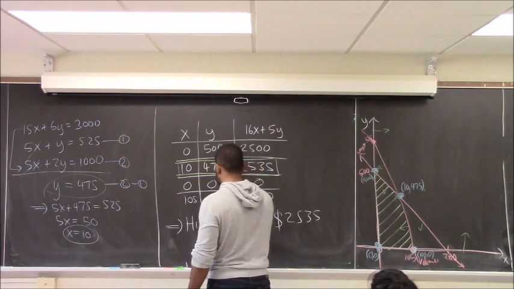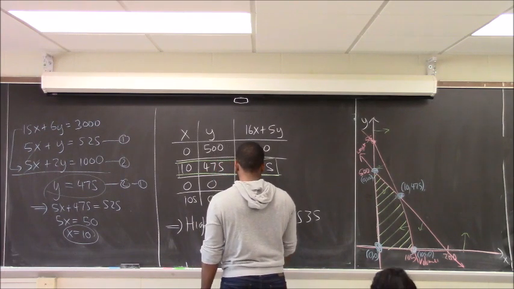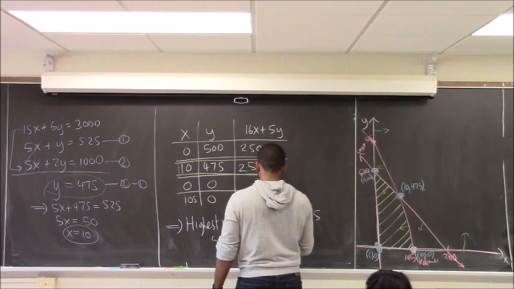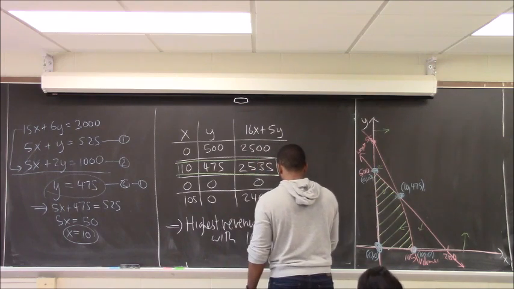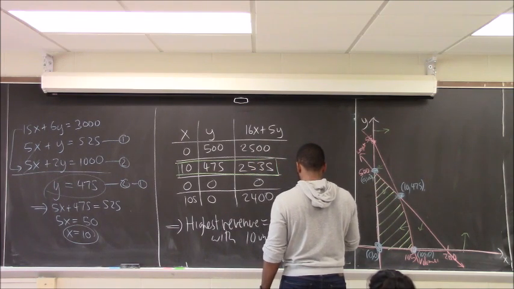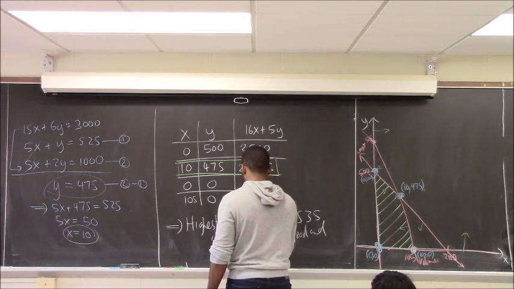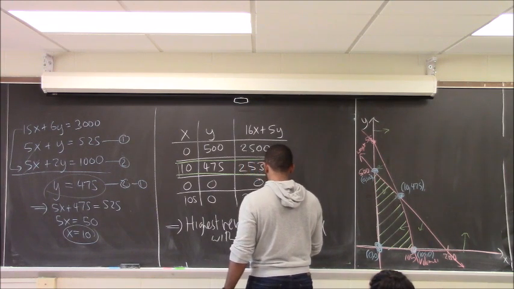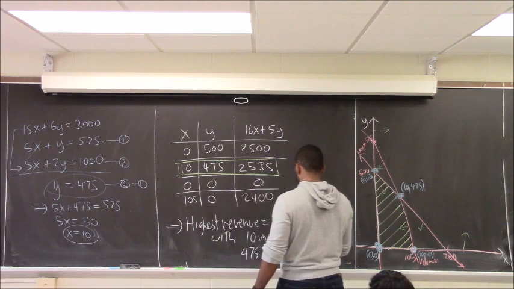$2,535 per trip with 10 units, pounds or whatever, of food and 475 units, pounds or whatever, of water.